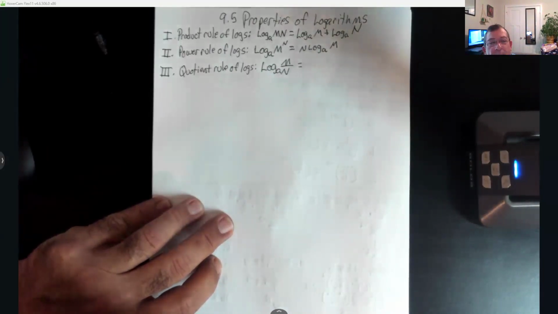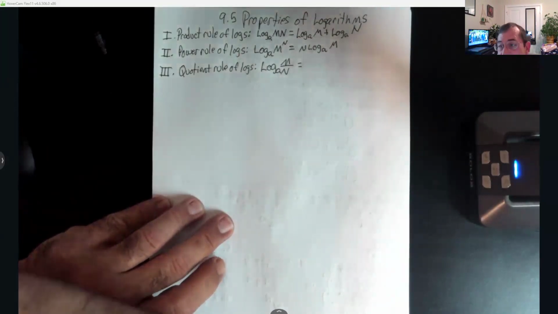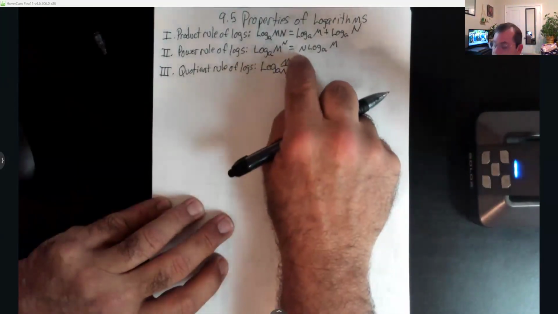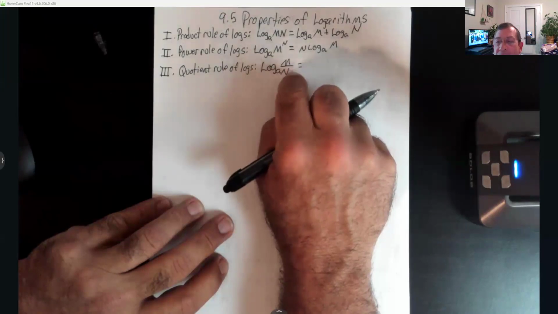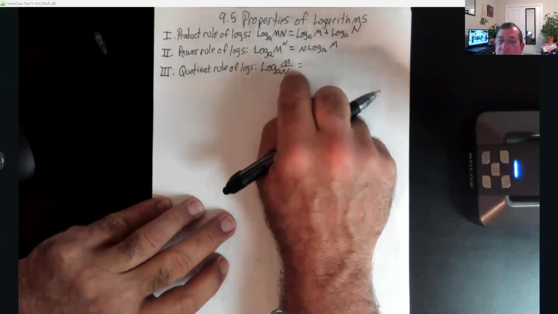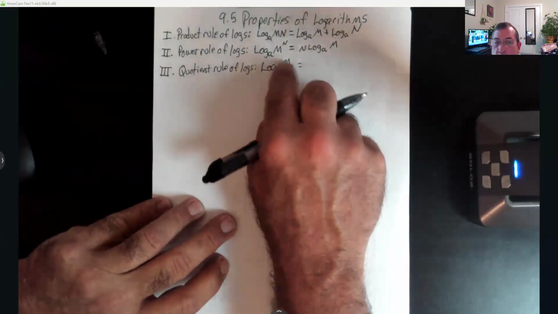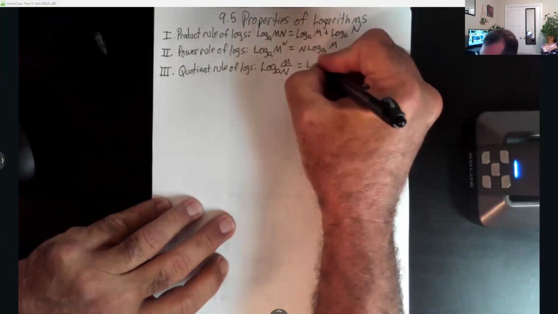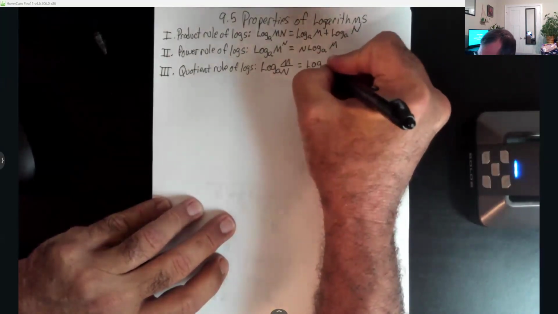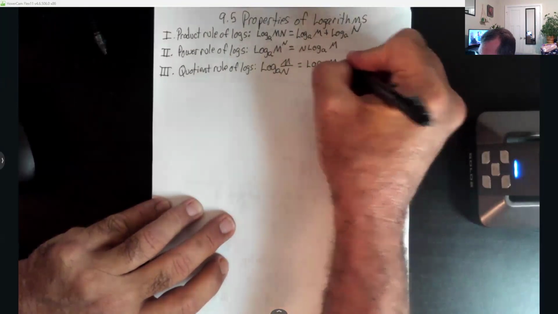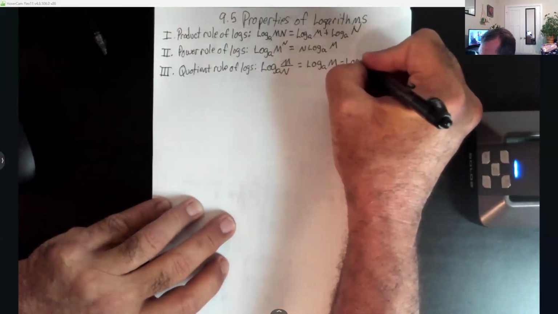We took those exponents and subtracted them. And we always took the top exponent minus the bottom exponent. So a quotient can be written as the difference of the two logs.